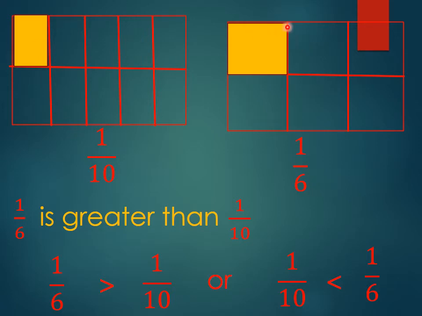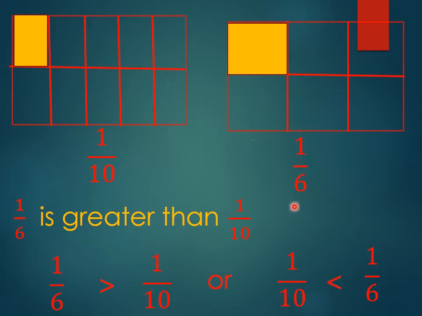Now consider the same size cake. It is divided into only 6 parts. This is one of those parts. Now you can see this is a larger portion because the cake is divided into only 6 parts. That means the size of one portion is larger than this one.